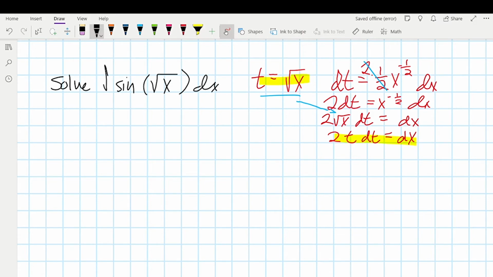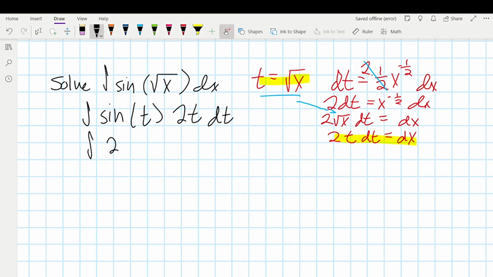And so applying this back to our integral, we can rewrite our integral as the integral sine of t 2t dt. And so now basically to simplify this, I'm just going to rewrite it so it's more concise.